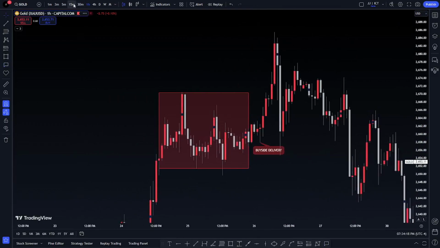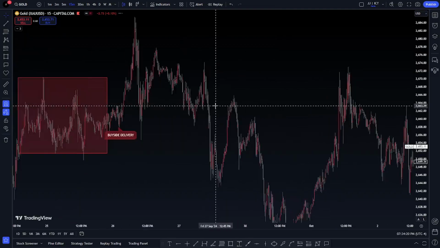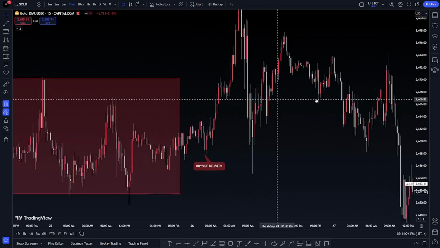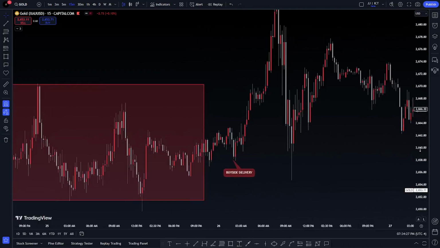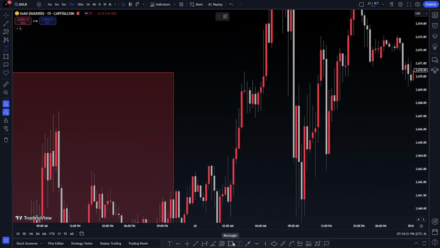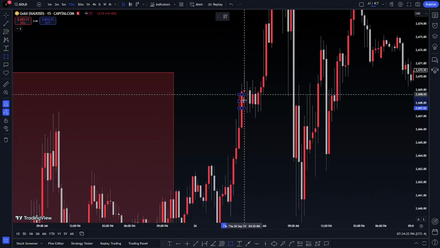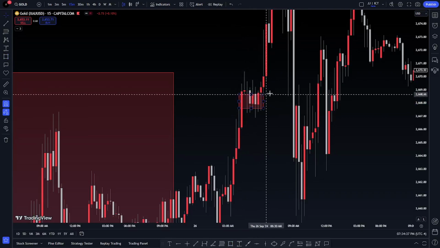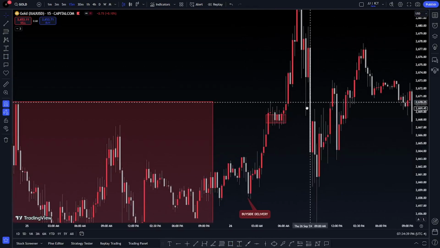So what we can do is jump down to 15 minutes or even 5 minutes and look for our stages of accumulation. We have this first stage of accumulation right here into this fair value gap. See that? Price pushes higher.